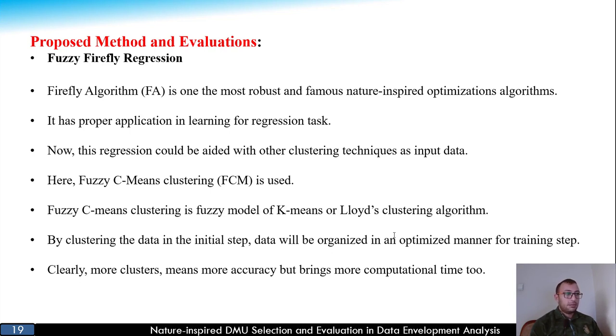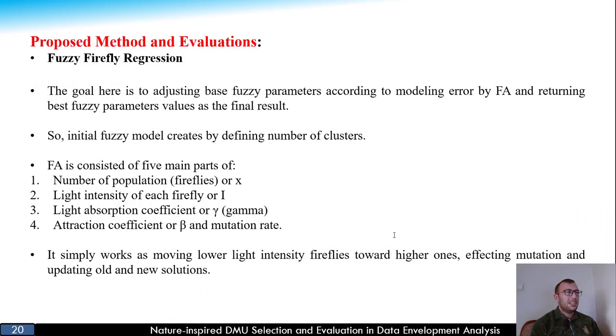Clearly, more clusters mean more accuracy, but bring more computational time and complexity. The goal here is to adjust the base fuzzy parameters according to modeling error by FA and return the best fuzzy parameter values as the final result. So, the initial fuzzy model is created by defining the number of clusters.